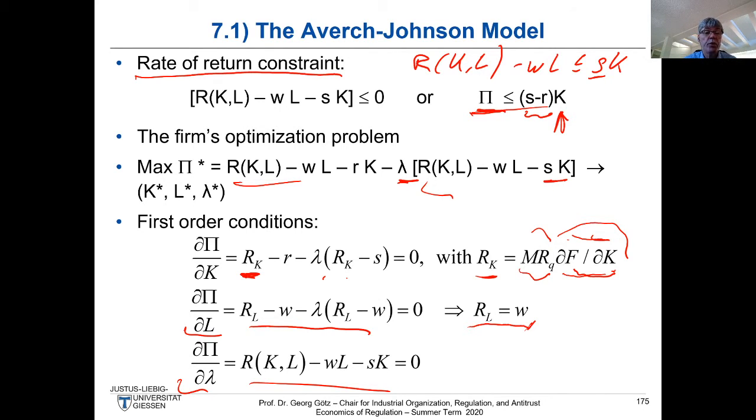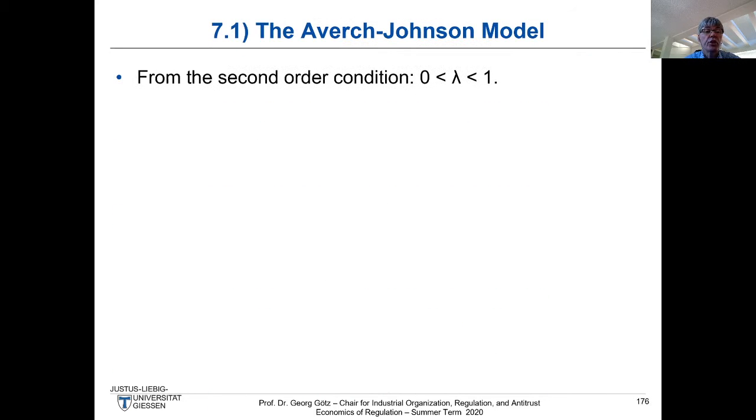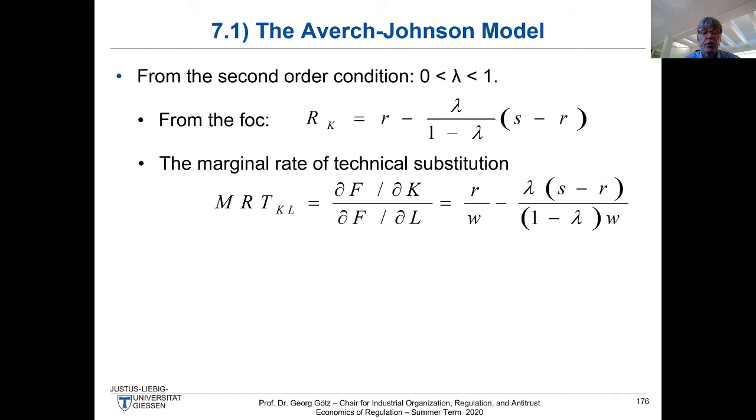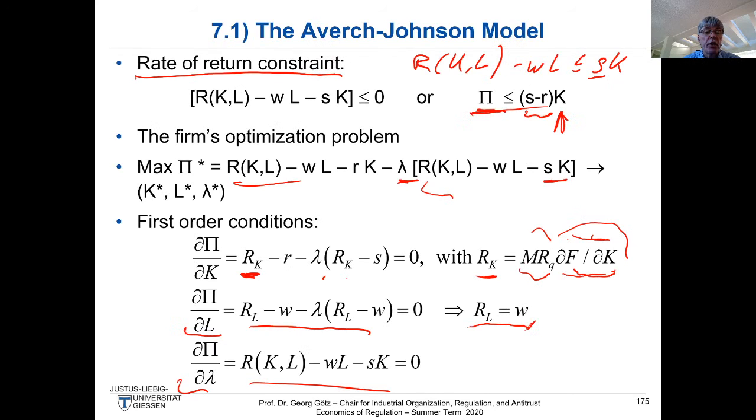And that's what we are doing on the next page, just playing around with these two conditions, and it's rather straightforward. First of all, the second order condition: this has to be 0, and the second order condition means that if we take the further derivative, it has to be negative. If you do that, you know that R_KK, the second derivative of the revenue with respect to K, will have to be negative.